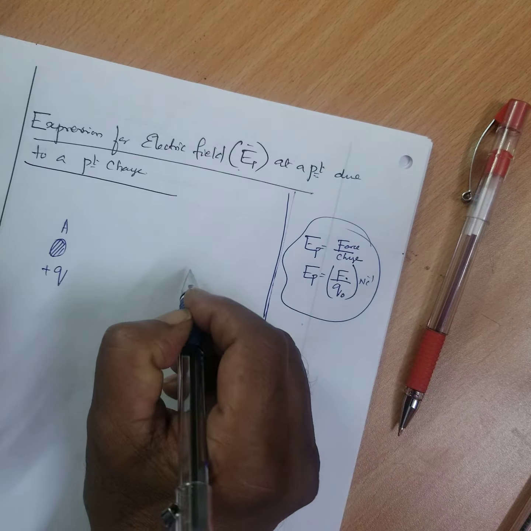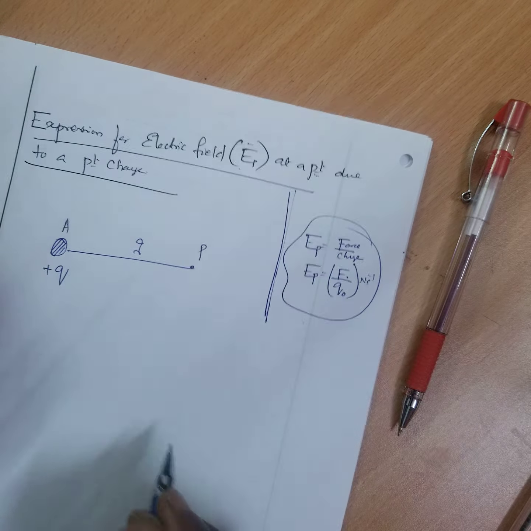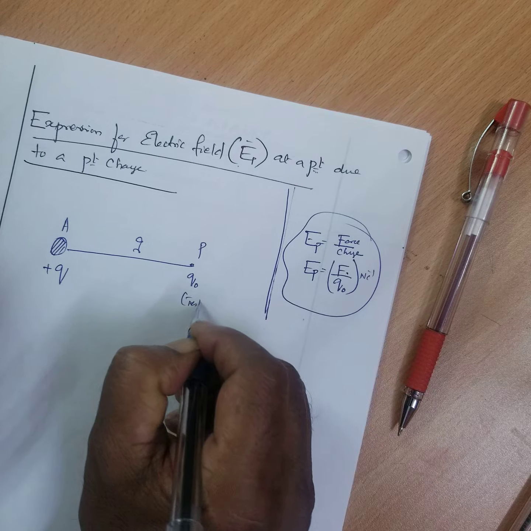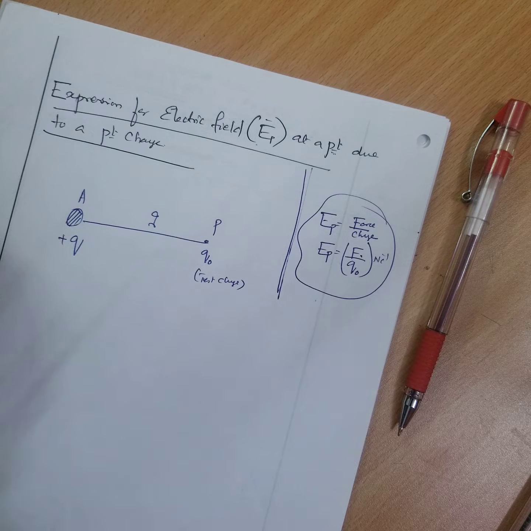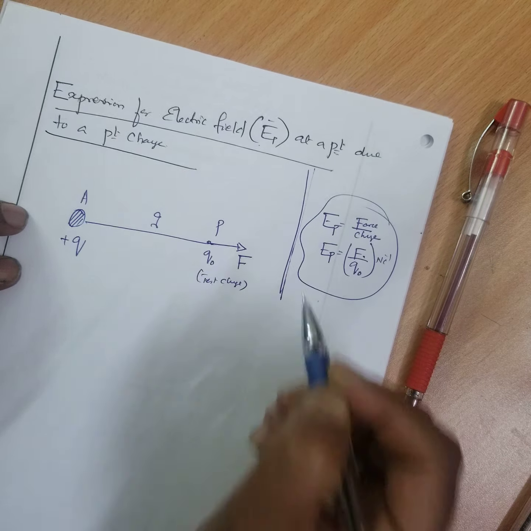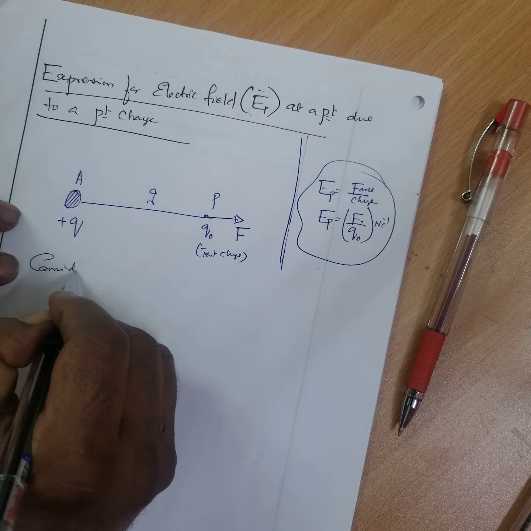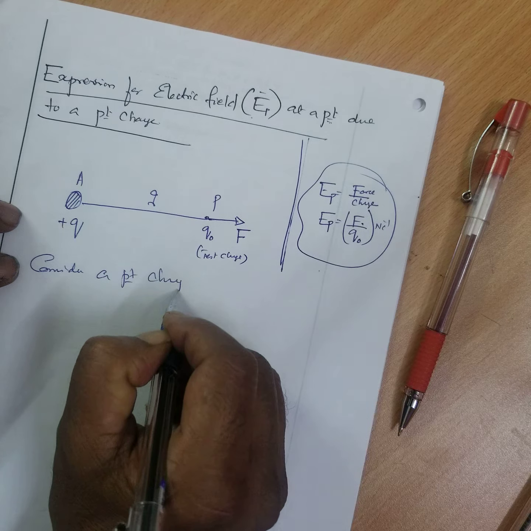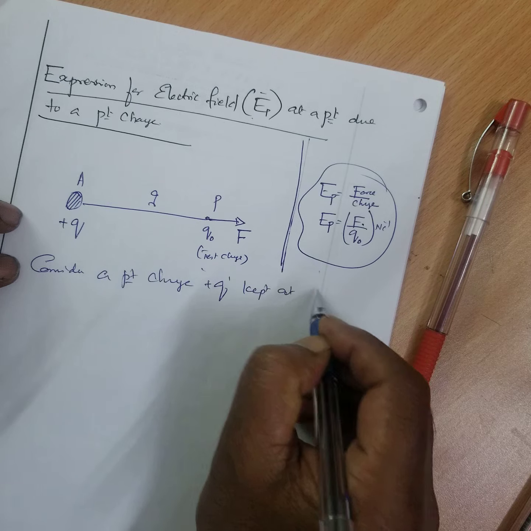Let P be some point at a distance of R, where I keep a test charge at P. Now the test charge would experience a force of repulsion, right? Therefore, consider a point charge plus Q kept at A.